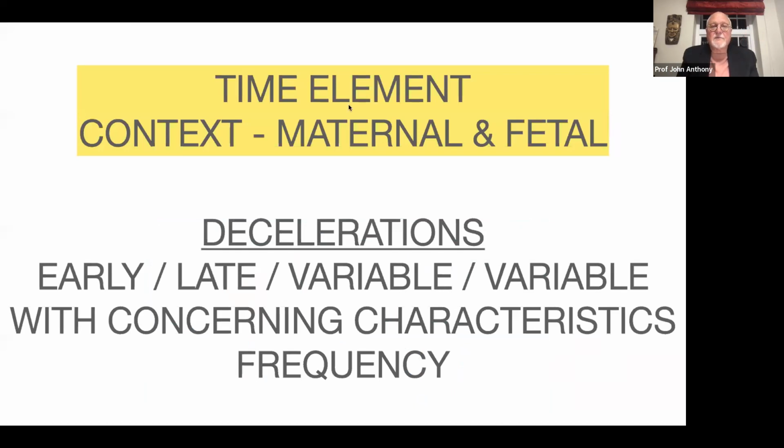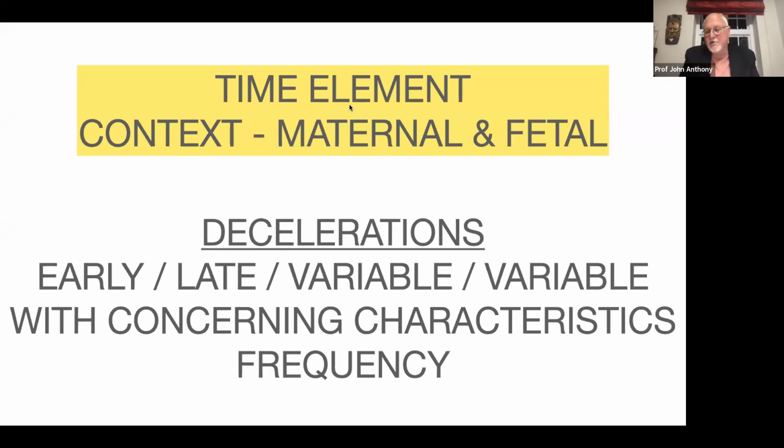Now, in the NICE guidelines, as there is in the FIGO guidelines, there is a question of time. There is a threshold and there's a time element, but they also add something else in, which is context. As far as context is concerned, if you have an abnormality in the tracing in the context of an abnormal pregnancy, where there's something wrong with the mother, she's got preeclampsia, or the baby's got growth restriction, that changes things, and this time element to a large extent falls away.